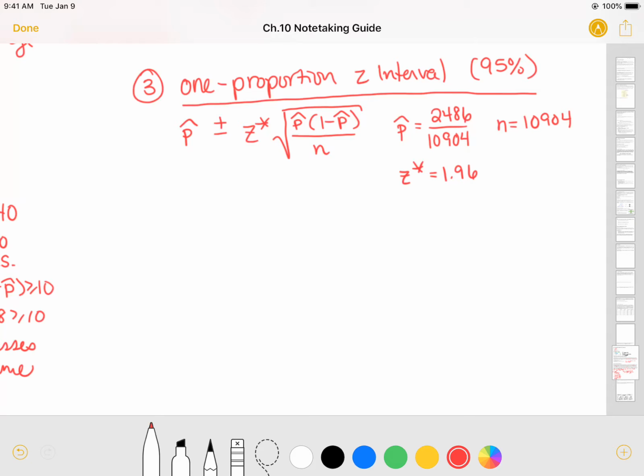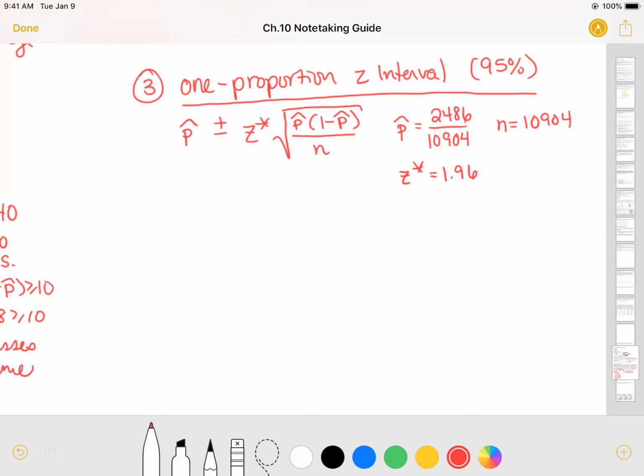However, if you do not have that memorized, remember you can do an inverse norm, and we would set the area of the tail to be, well, 100 minus 95 would be 5%, cut that in half, so 0.025 on each side.